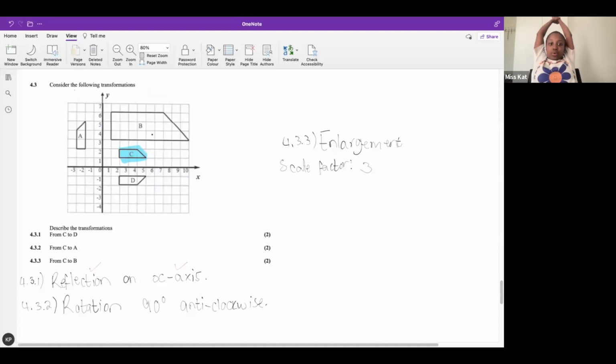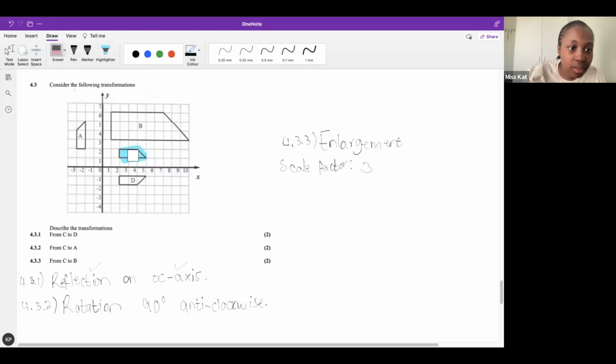Taylor, the scale factor is how much we increased it by. Okay, let me show you quickly. What is the length of one side of C? The length of this side, it goes from 1 to 2. So what's the length of it?